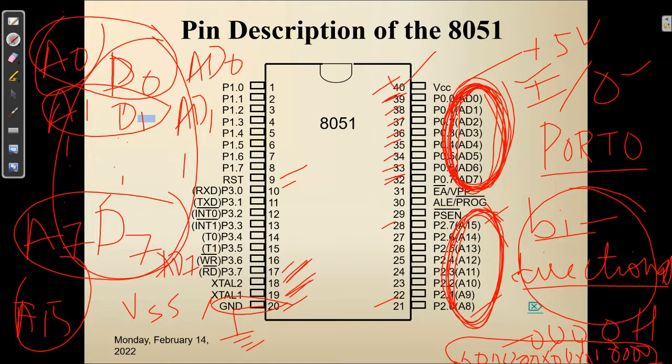The alternate functions are RXD, TXD, INT0, INT1, T0, T1, WR bar, RD bar. ओके, ये आपको सब याद रखना है.